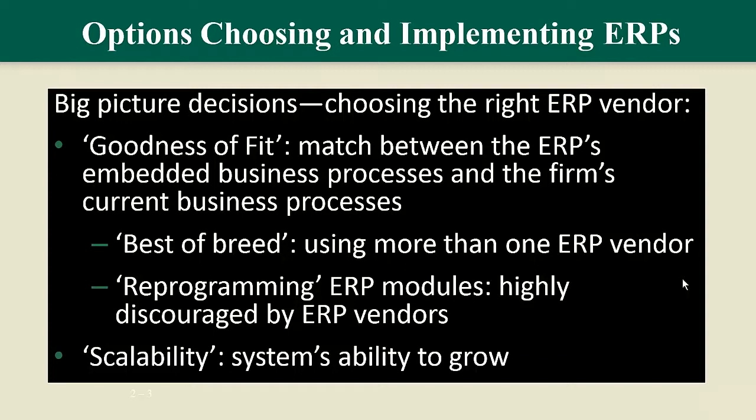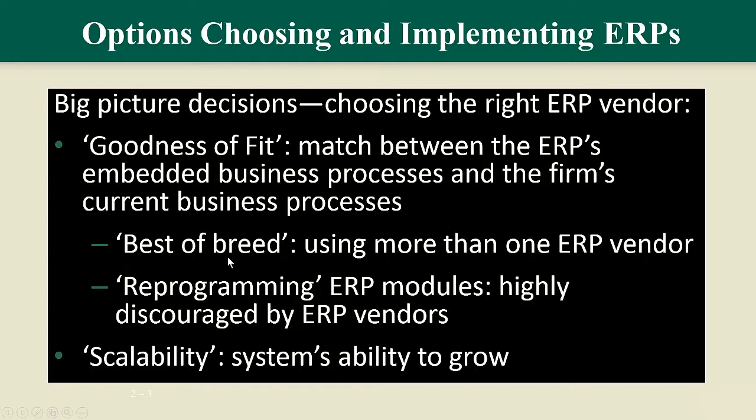Not every ERP system is best for certain industries, so you want to go with best of breed. You want to find that one ERP system that is best in that area in which you also operate.